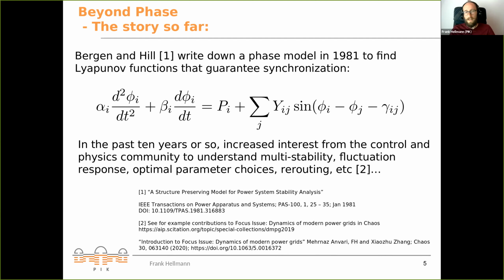A vast amount of literature has been produced from the control community side, some wonderful proofs about when synchronization is actually guaranteed in these models, sufficient conditions for global or almost global stability. As Rico also mentioned, we just published a focus issue in Chaos, with the link on the slide, that gathered a lot of contributions from the last 2 or 3 years in this field. So certainly check that out.